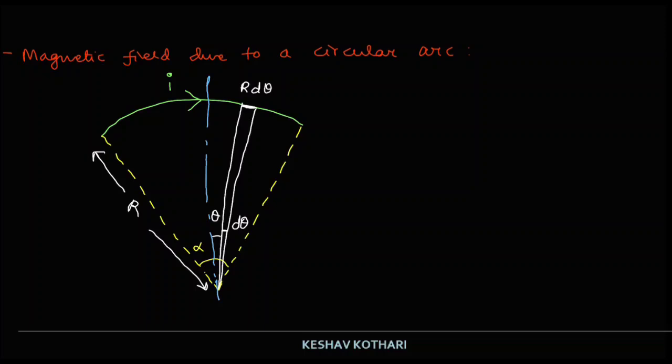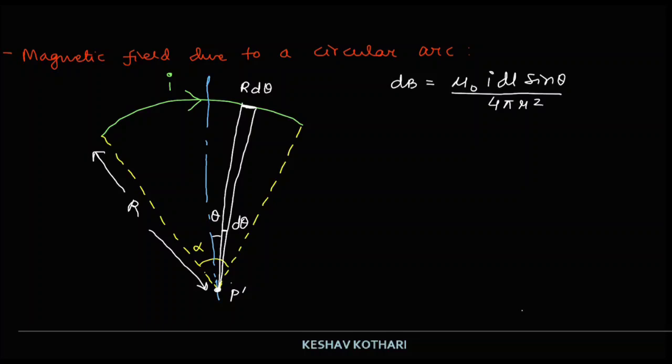and it is carrying a current I. So the value of magnetic field at this point P, from Biot-Savart law I can write that the value of dB is equal to mu naught I dl sin theta upon 4 pi r square.